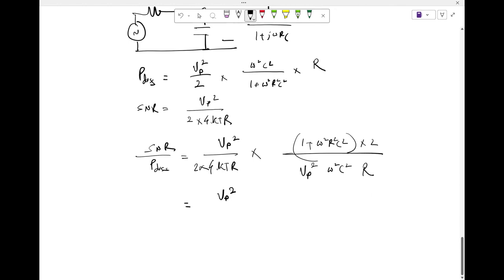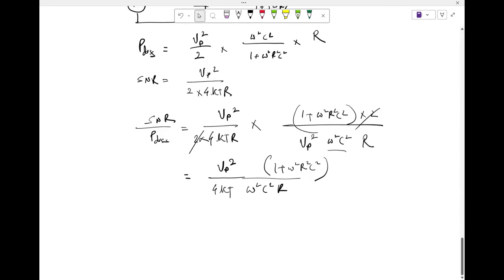Vp squared by 4k times omega. Oh, now I understand what's the issue. I think I do. So omega squared C squared times R times 1 plus omega square R square C squared. So yes, the denominators both will cancel. Vp and the denominator will cancel. That is correct.